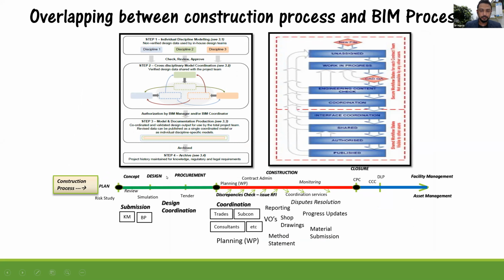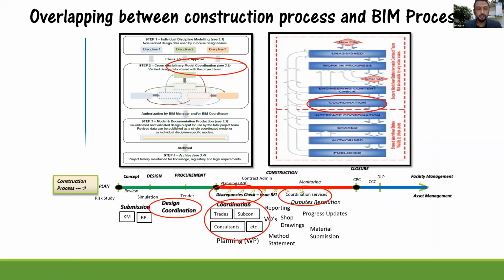There's a design process, there's a construction process, and the FM process. So this is the information development. You coordinate the information, you input the information, and you make sure that the information is correct before you implement it in the construction process.